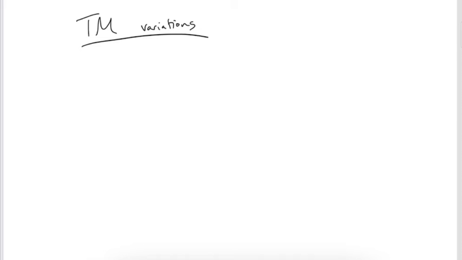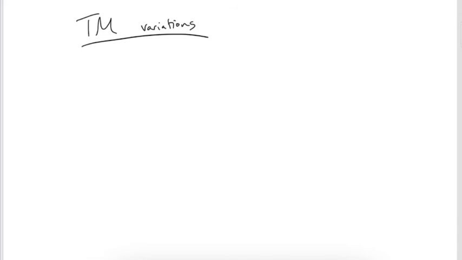Like, the Turing machine is only capable of looking at one location on the tape, and it can only move one step to the left or one step to the right in each step, right? What if we made the Turing machine a little bit more powerful? Would that allow you to compute different things with it? That's what I want to talk about with Turing machine variations.